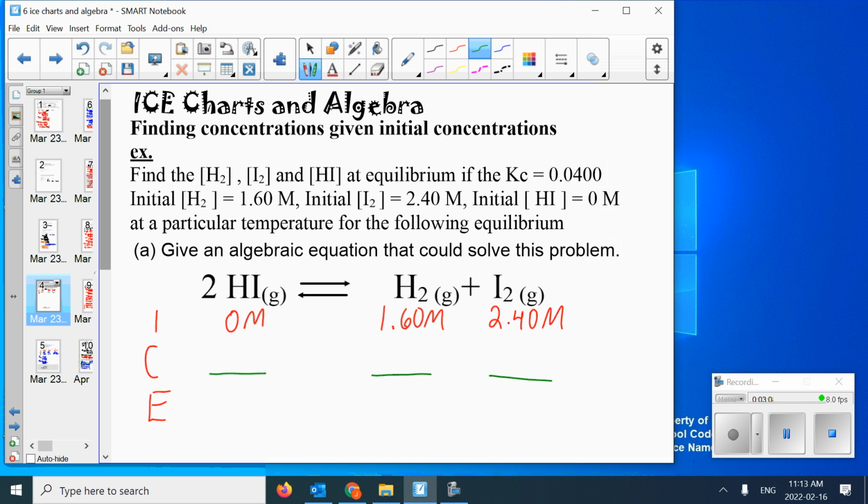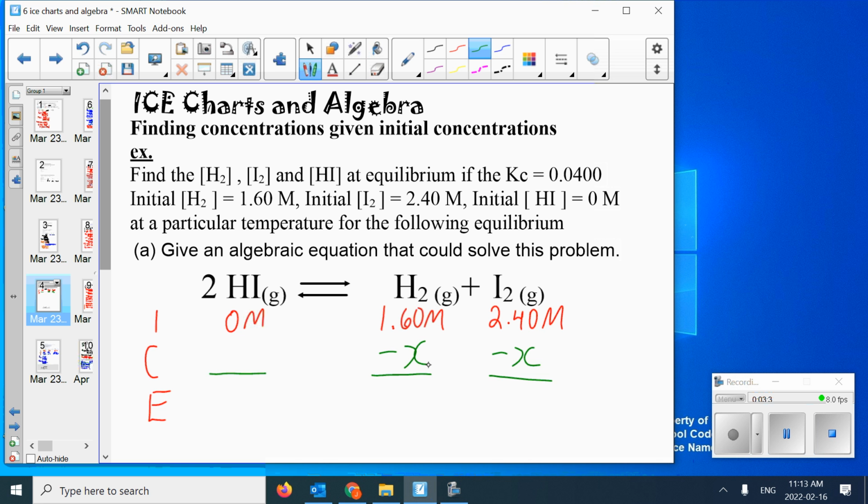I'm going to say that the I2, I'm going to work with that. I'm going to say I'm going to lose, I don't know how many, but I'm going to call it X. It might be decimal 4 or something. Now, if I take off X of those, the change to H2 is the exact same amount, X, right?